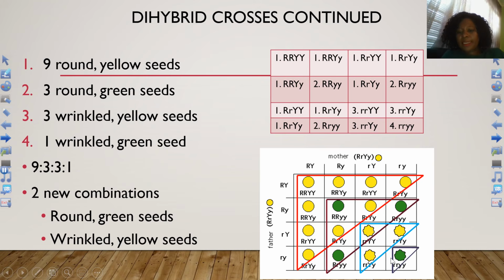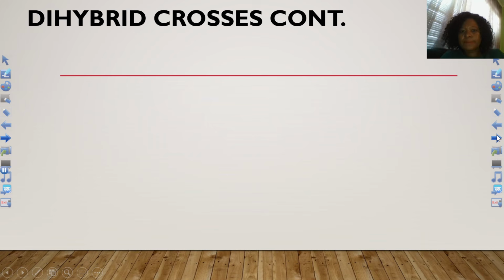And finally, the black one at the bottom encircles the one that has wrinkled and green seeds, which is only one. So that is how the ratio of the phenotypes comes in a dihybrid cross. Also note that there are 16 possible offspring, as opposed to 4 possible offspring in a monohybrid cross.